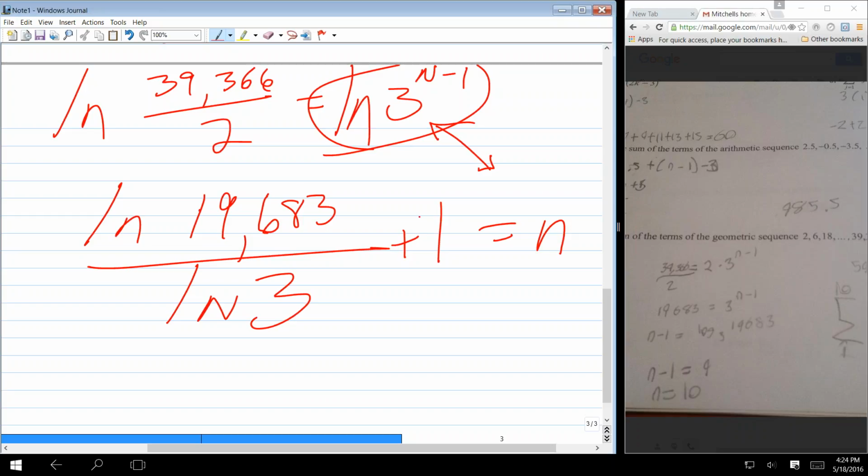Do you have your calculator handy? Get that number at least. The natural log of 19,683 divided by 3? No, divided by the natural log of 3. Oh yeah, the natural log. Same thing, either.